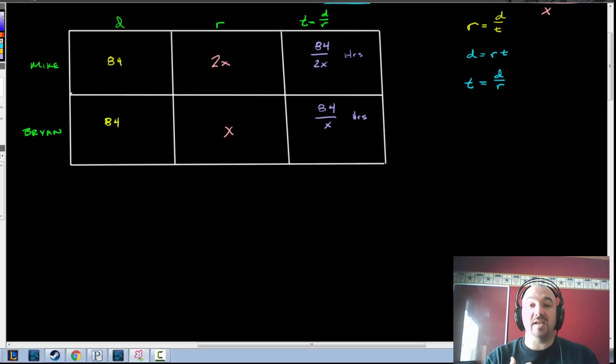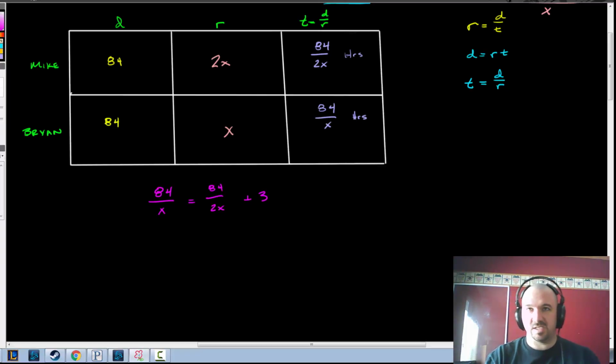I always add it to the one that's the shorter of the 2. In that case, I add it to Mike. So Brian's time, 84 over x, is equal to 3 more than Mike's. And that's one way to set it up.